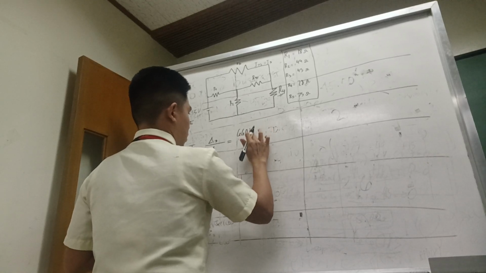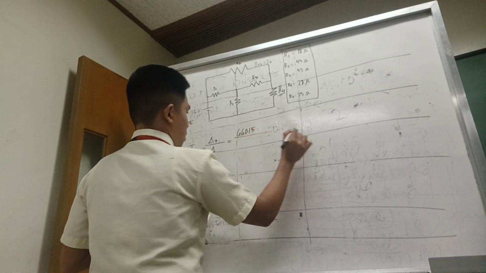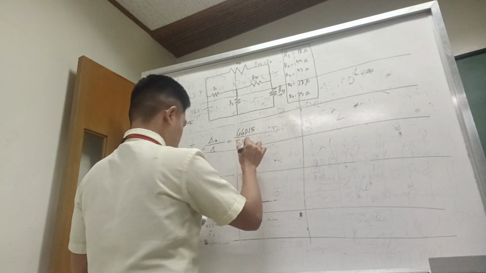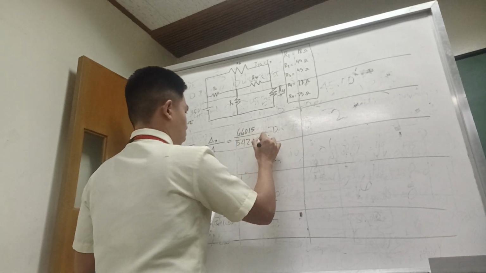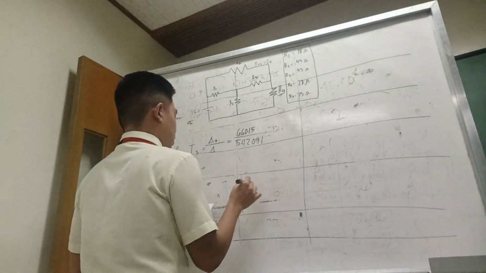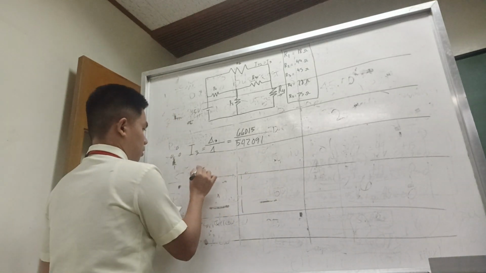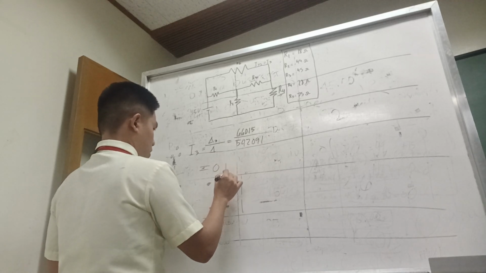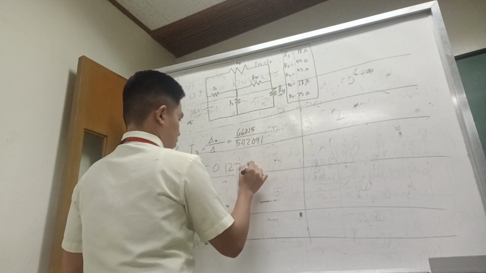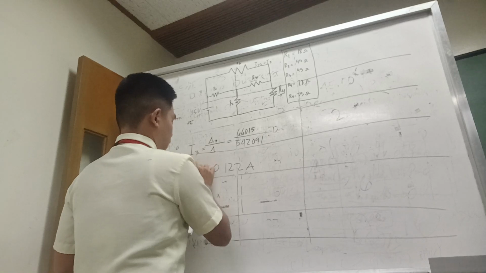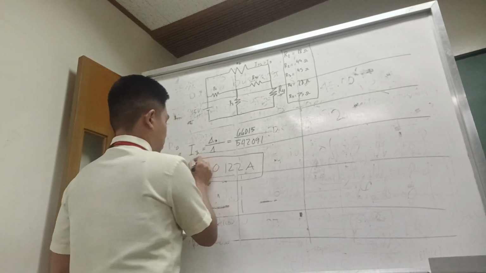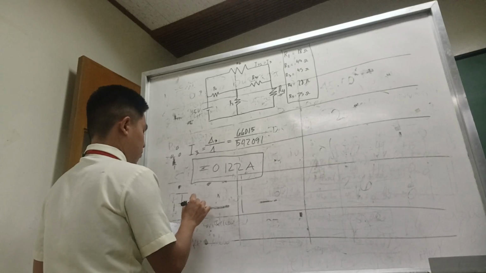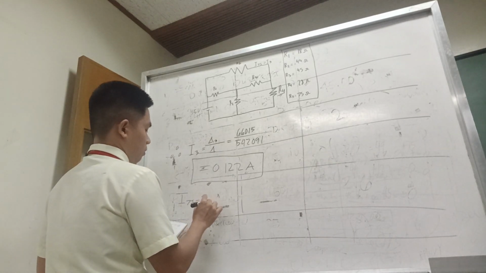So we need to input all the answers. 66015 over 542,091, and if you calculate it, it will be 0.122, three significant figures, meaning I sub 75 is equals to I sub 3.